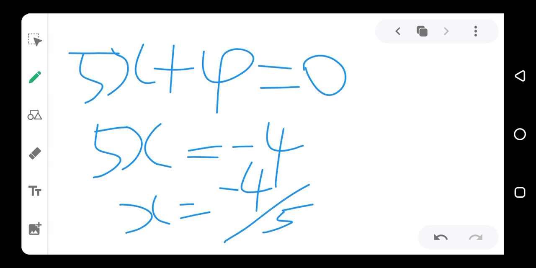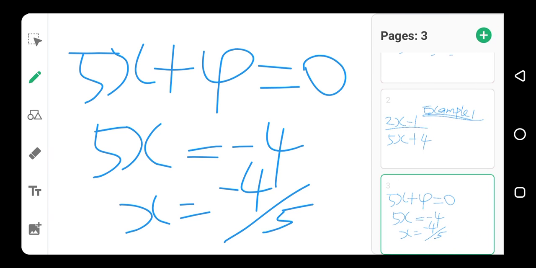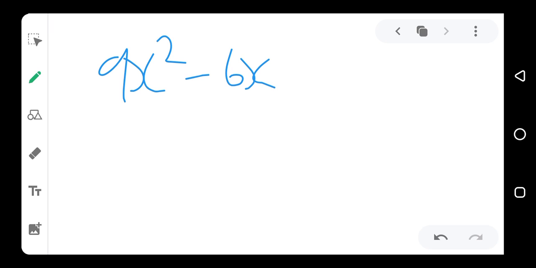Example 2. 9x raised to power 2 minus 6x over x raised to power 2 minus 4.